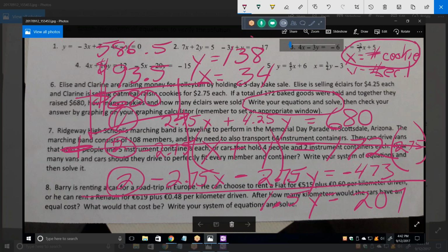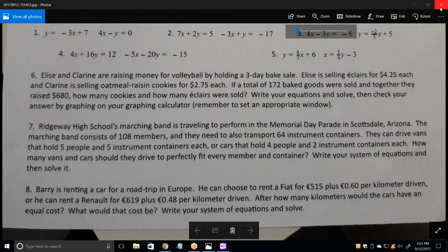Write your equations and solve, then check your answer by graphing. Now, we didn't do that, but let me just tell you what they mean by that.